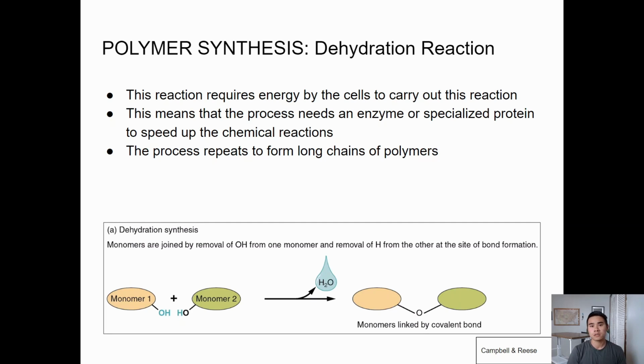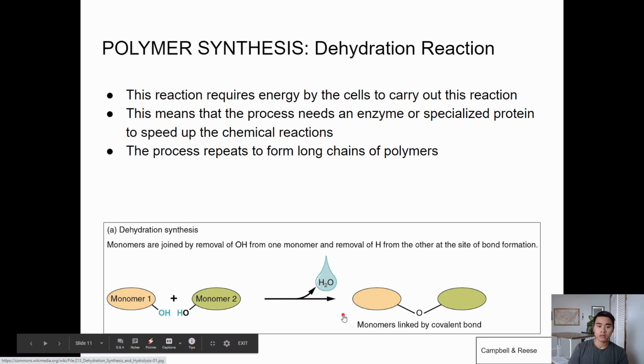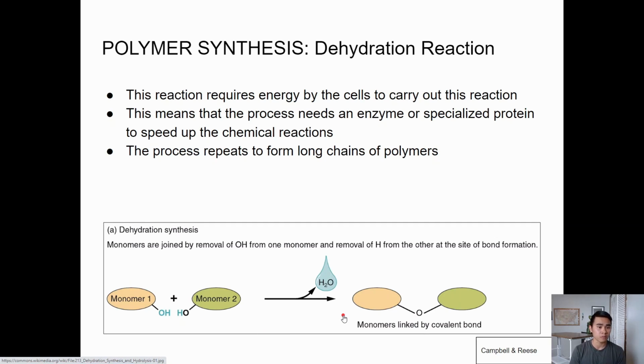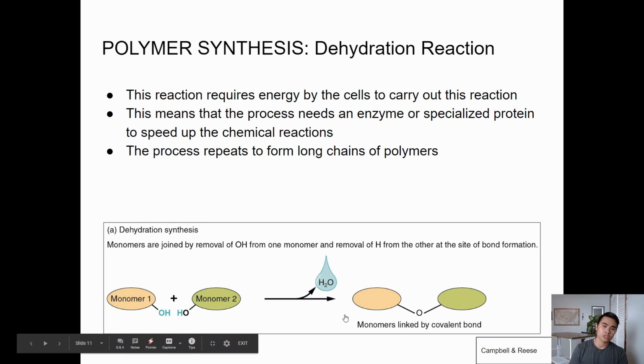And enzymes decrease the activation energy required for a reaction to occur, which allows this to happen. So energy is required for bonds to form, for a polymer to be formed. And the enzyme assists in that energy requirement. So this is how long chains of polymers are created.